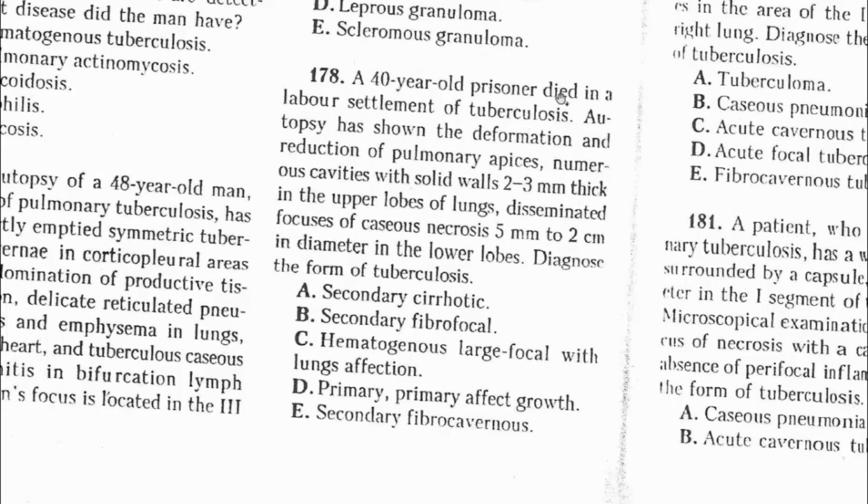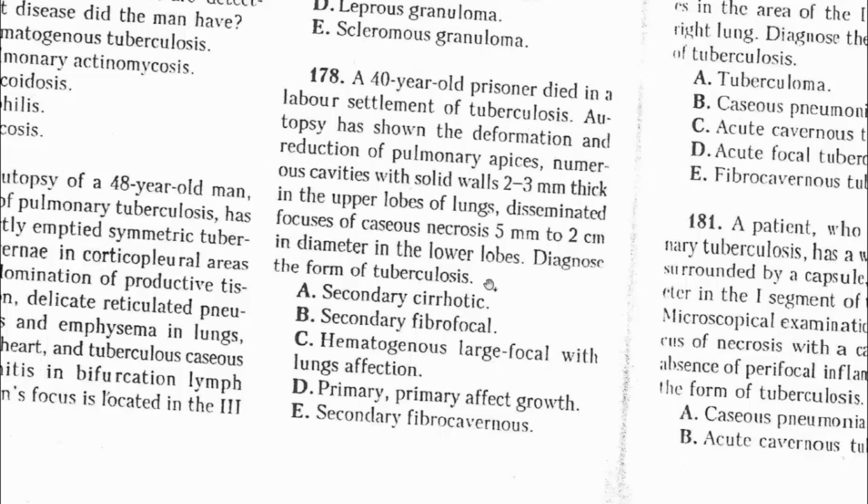78. A 40-year-old prisoner died in a lung settlement of tuberculosis. Autopsy has shown the deformation and reduction of pulmonary apices, numerous cavities with solid walls 2 to 3 centimeters thick in the upper lobe of the lungs, and disseminated foci of caseous necrosis in the lower lobes. Diagnose this form of tuberculosis.